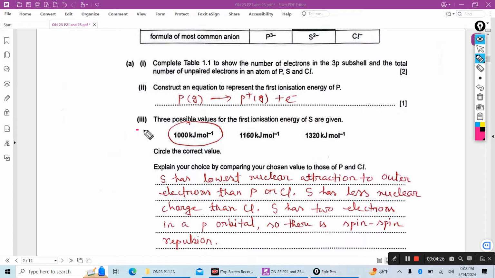Then number 3, 3 possible values for the first ionization energy of sulfur are given: 1000 kilojoule per mole, 1160, 1320 kilojoule per mole. Now circle the correct value. The sulfur value will be 1000 kilojoule per mole.